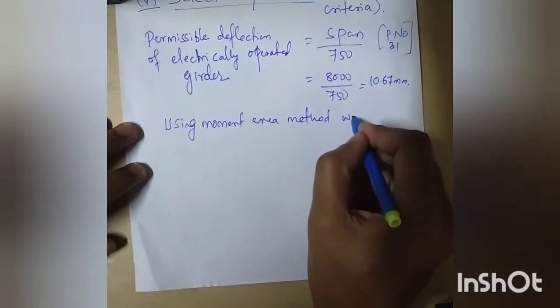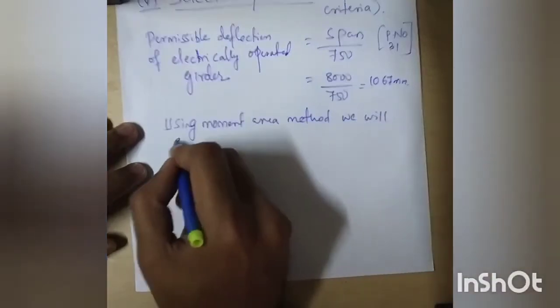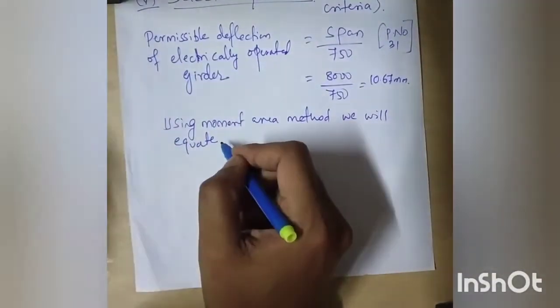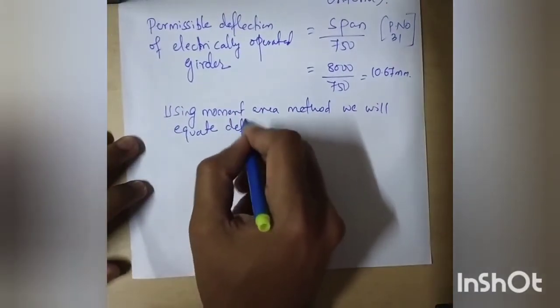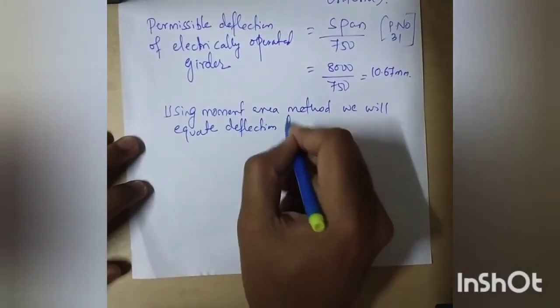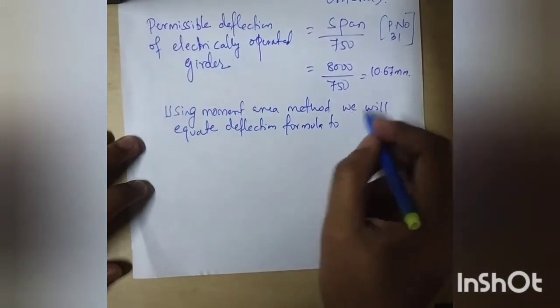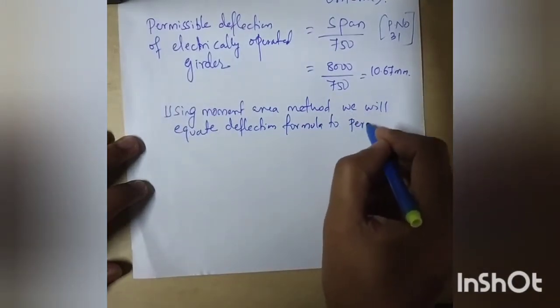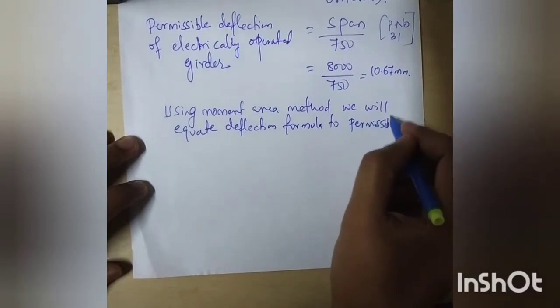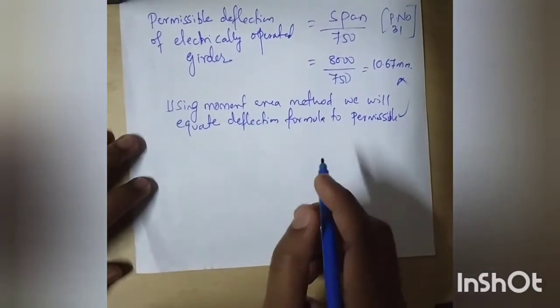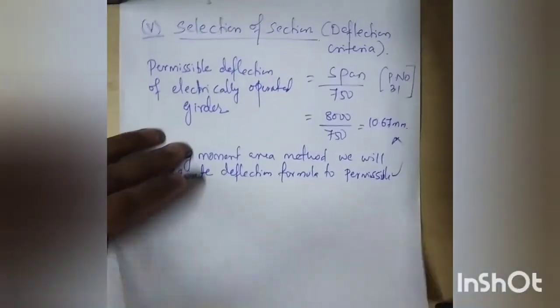We will equate the deflection formula to the permissible, that is 10.67.